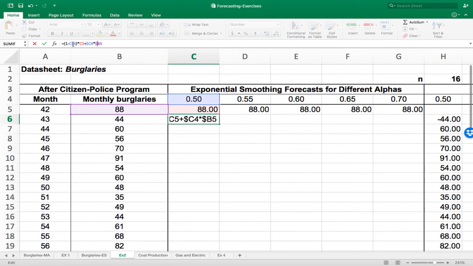So what this dollar sign in the middle does is fix this cell that you selected, C4, when you drag this cell down.